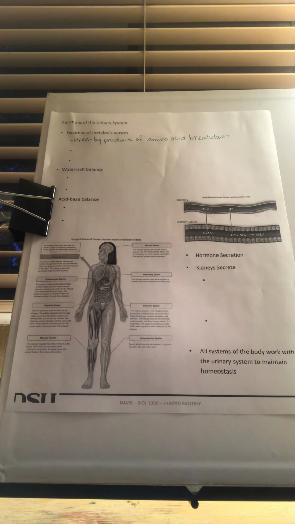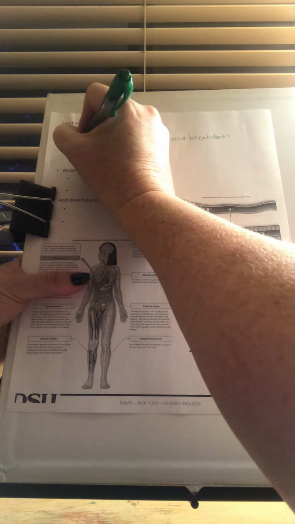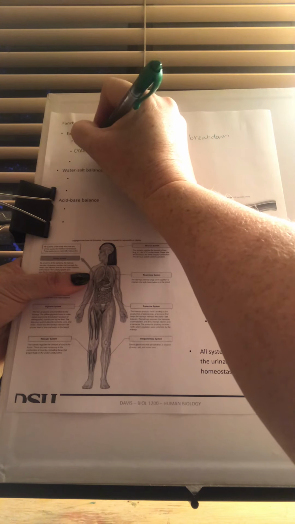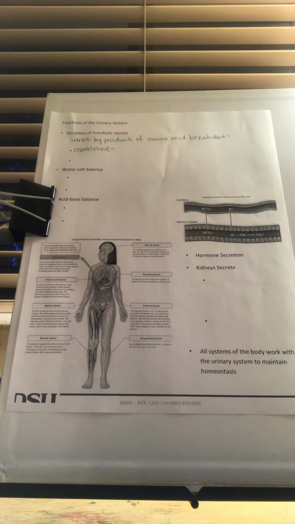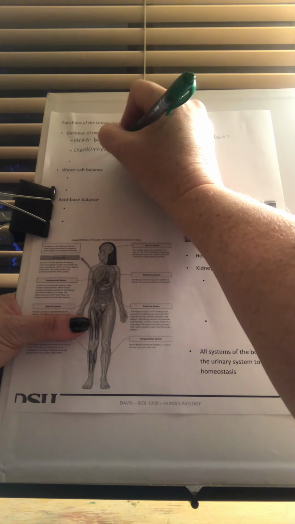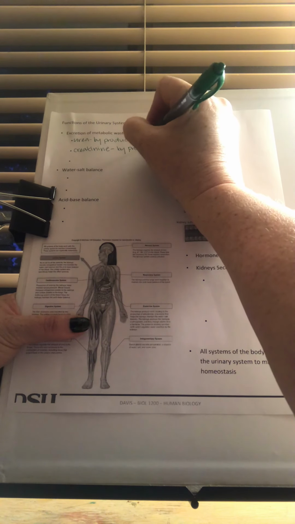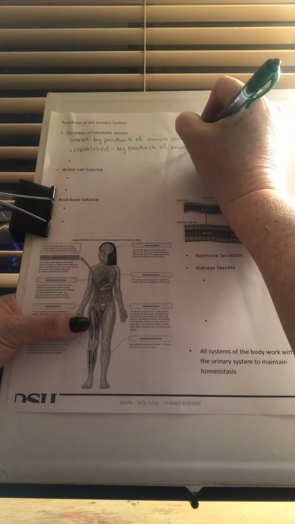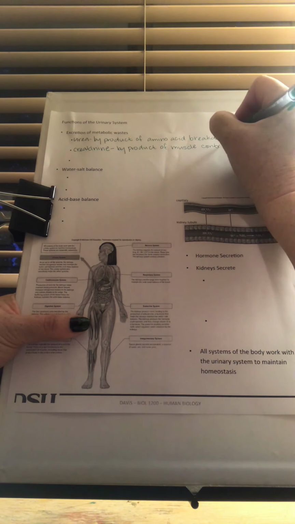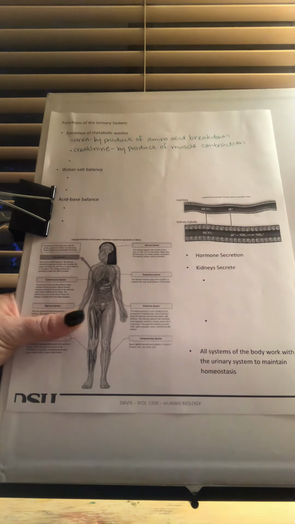Then we have a byproduct that comes from the use of our muscles for muscle contraction, and that's called creatinine. This is not creatine. This is creatinine, okay? So again, this is our byproduct of muscle contraction. Muscle contraction is definitely a metabolic activity.